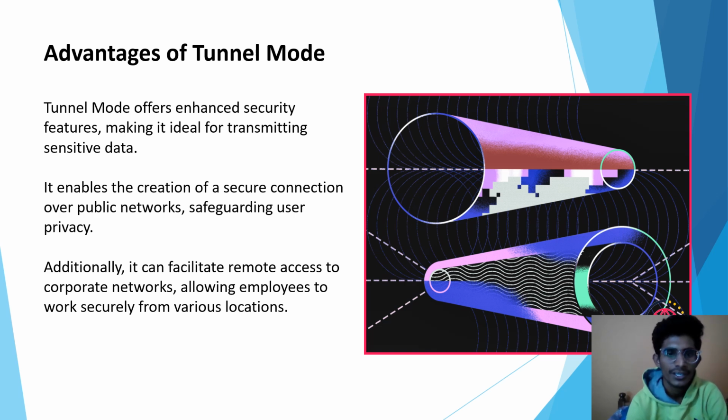It enables the creation of a secured connection over a public network and safeguards user privacy. That's why tunnel mode provides high security. Many organizations use tunnel mode to share their confidential information between them.